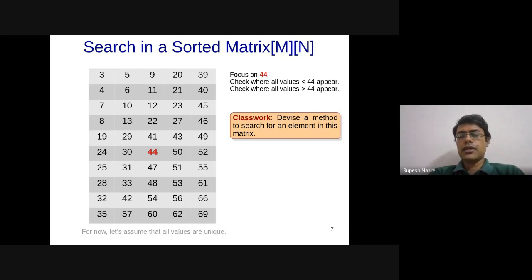So that will probably generalize to something very similar to Nischal's algorithm, where we are discarding 1 row or 1 column at a time. So it will come out to be linear in m and n, right?